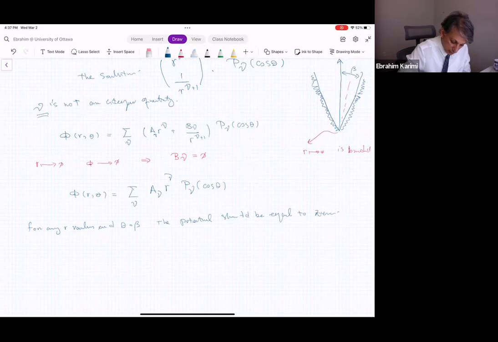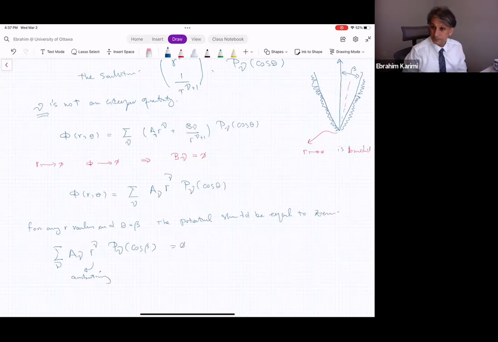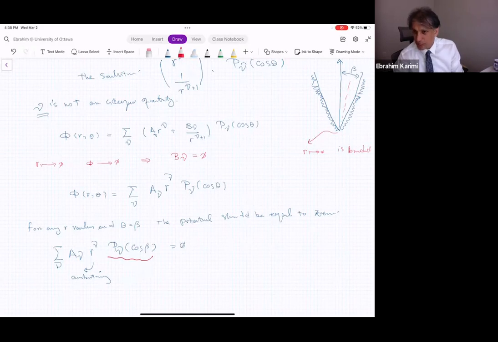That it will be a nu for any r value, arbitrary, then P nu of cosine of beta should be equal to 0. What does it mean? That independent of the r, that part for any cosine of beta should be equal to 0.